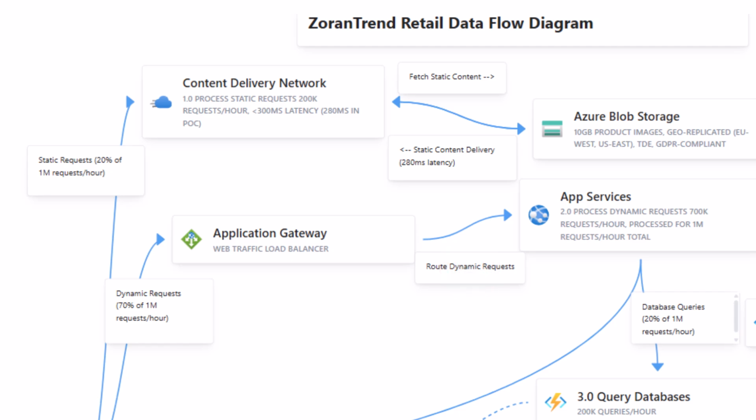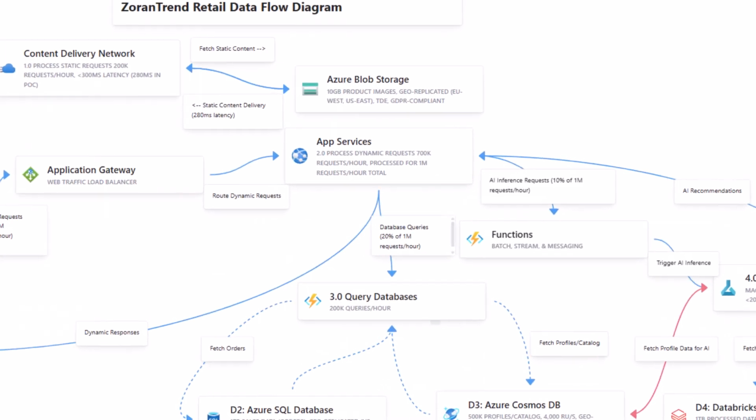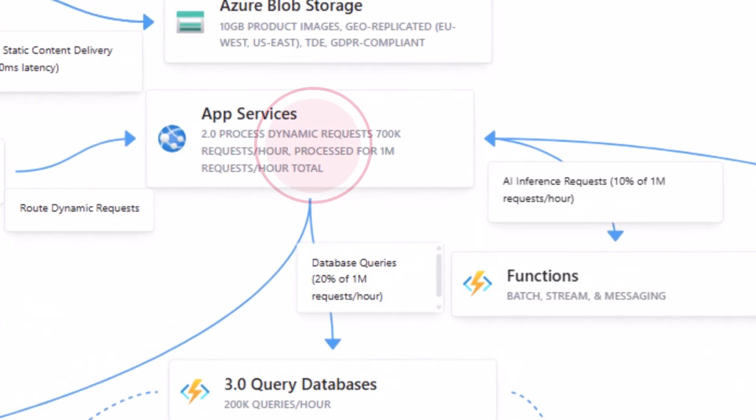The application gateway ensures secure and efficient routing, as indicated by the arrow labeled route dynamic requests. App services processes these 700,000 requests per hour, contributing to our total capacity of 1 million requests per hour. From here, the dynamic requests branch into two subflows: database queries and AI inference requests.